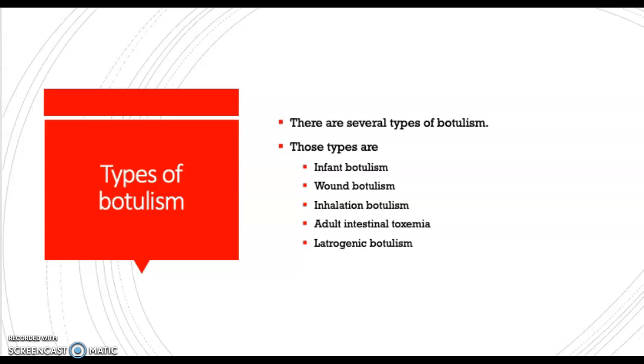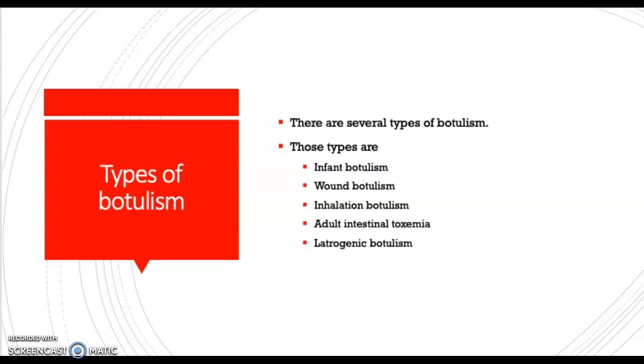The next one is wound botulism. Wound botulism can occur if the organism enters an open wound and produces toxins within the wound. Injection drug users are at risk for this type of botulism. Inhalation botulism is rare and does not occur naturally. For example, it is associated with accidental or intentional events such as bioterrorism, which results in the release of toxins in an aerosol.